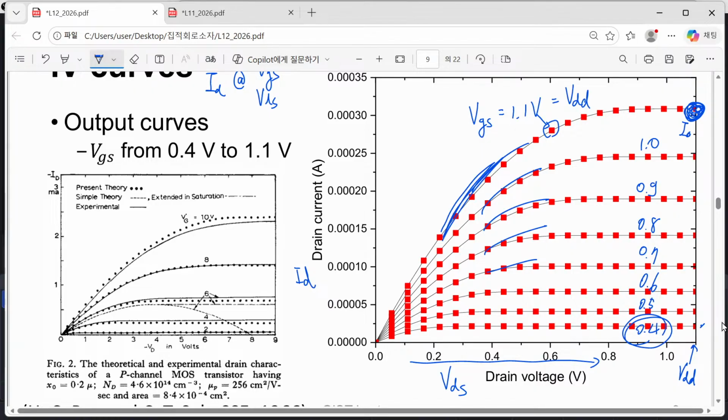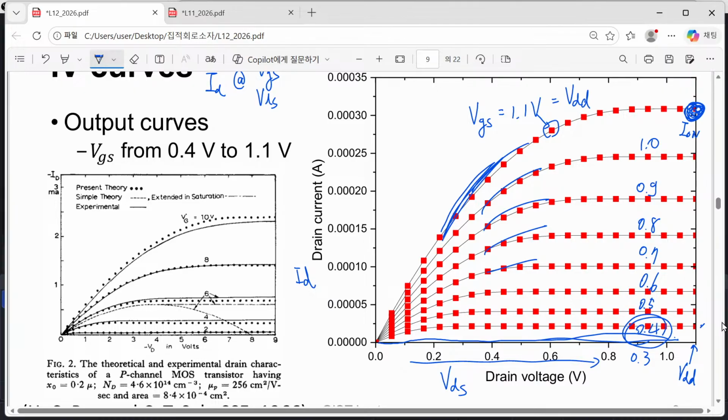This is I on. And if you apply 0.3, then of course you will see an almost horizontal line touching I equal to 0. So maybe your threshold voltage is around 0.3 volt.